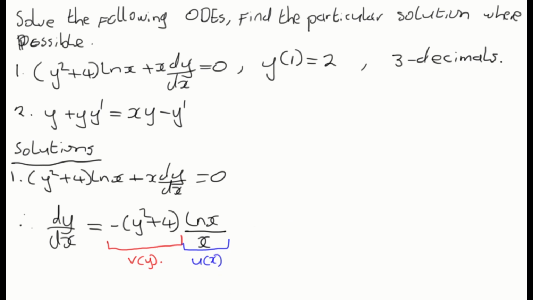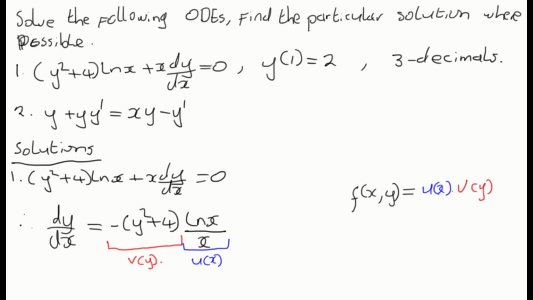So our f of x, y, the right hand side function, is a product of two functions which are separated by multiplication. And this is a very important thing that you want to see, because it tells us we can solve this differential equation using the separation of variables method.